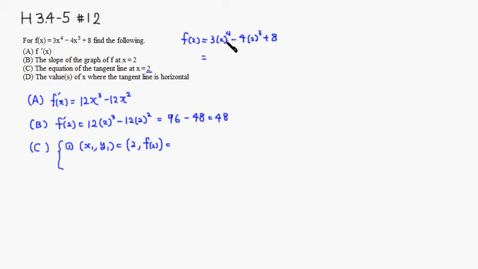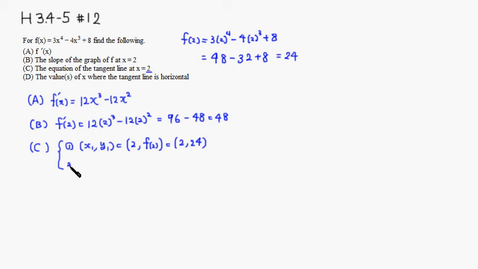So 2 to the fourth is 16, 3 times 16 is 48, minus 2 cubed is 8, 4 times 8 is 32, plus 8. So 48 minus 32 is 16, plus 8, so it's 24. Alright, so it's 2 comma 24.